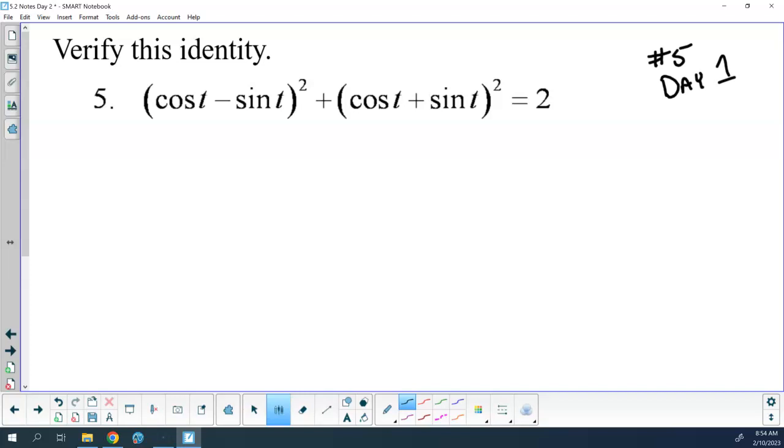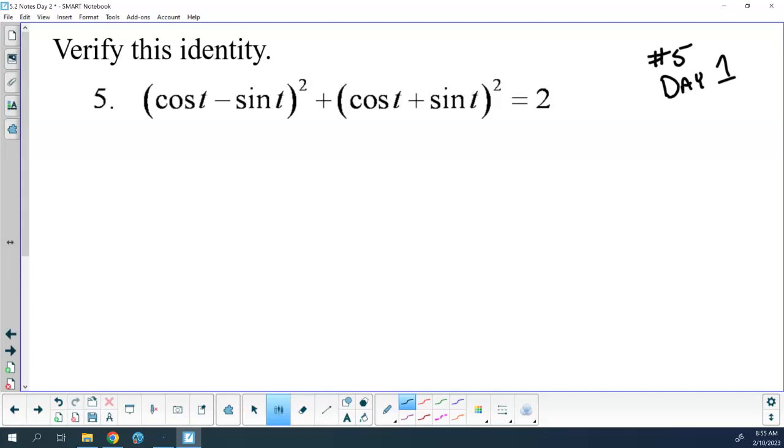What you should have gotten from reading on the front side and looking through how we verify, example number 1, is that you can only work one side. So you have to make a decision at the start.